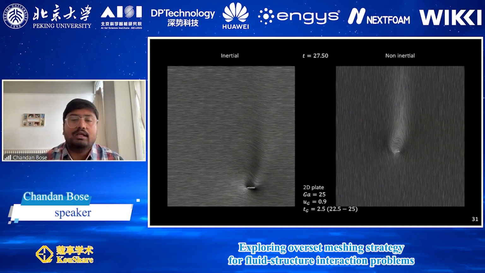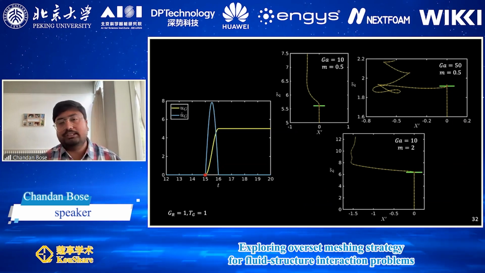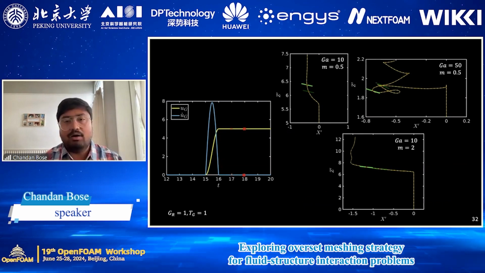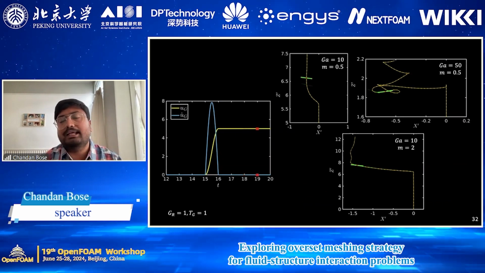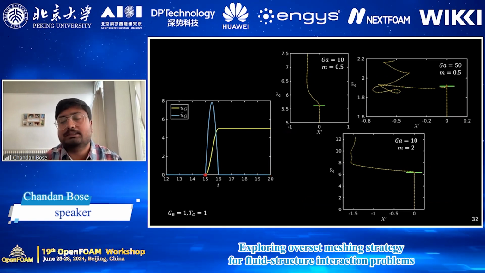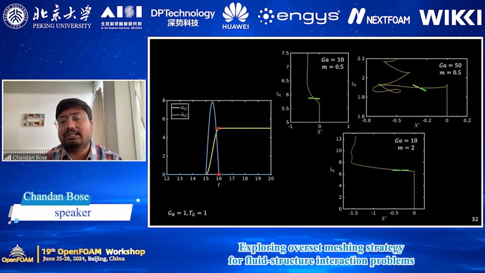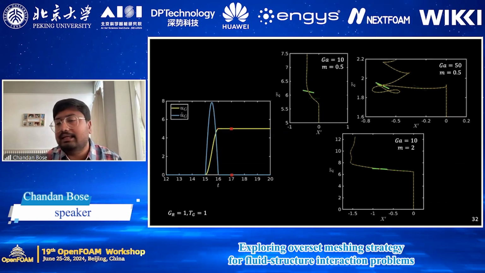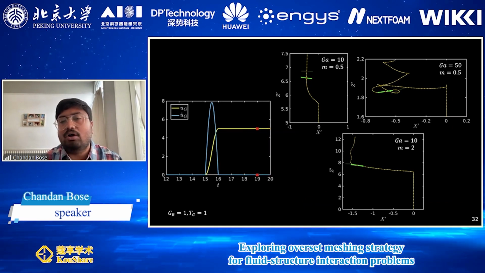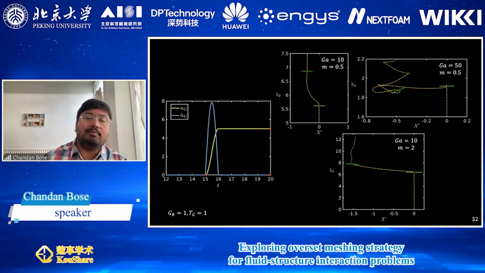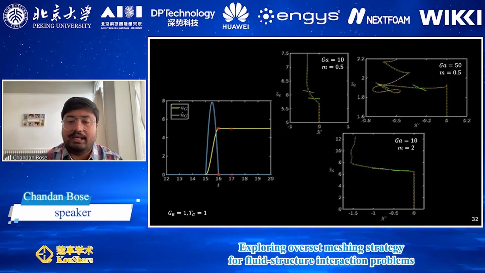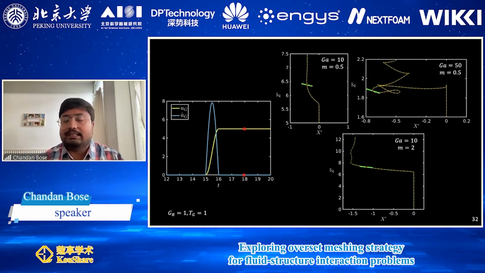I will end my presentation with this final slide, where we show that by using overset mesh we can study a very large parametric space. We mostly take two parameters: one is the Galilei number, the other is the non-dimensional mass ratio. Depending on their values, we get very complex dynamical signatures of these plates when subjected to the gust.